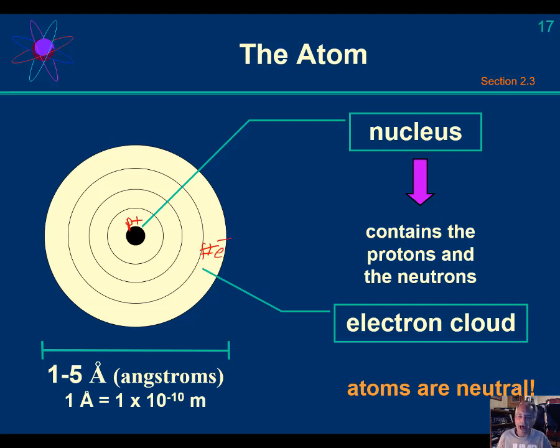That's because atoms are neutral. So the number of protons has to equal the number of electrons. Electrons are electrically negative. They have a negative charge. Protons are electrically positive, and since atoms are neutral, these two numbers have to match, the number of electrons and the number of protons.